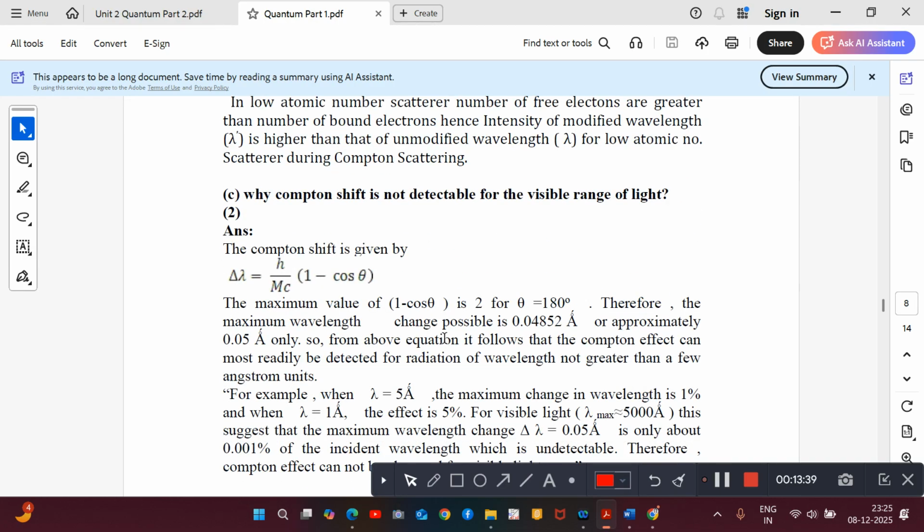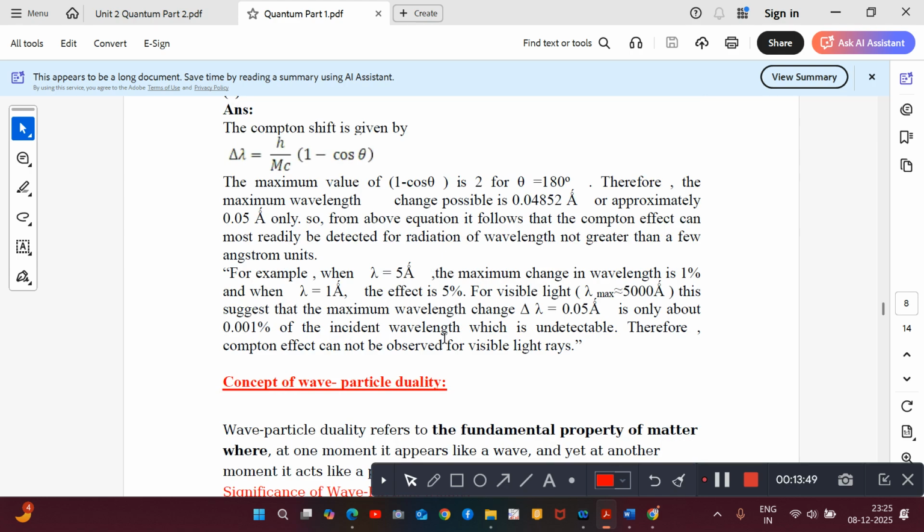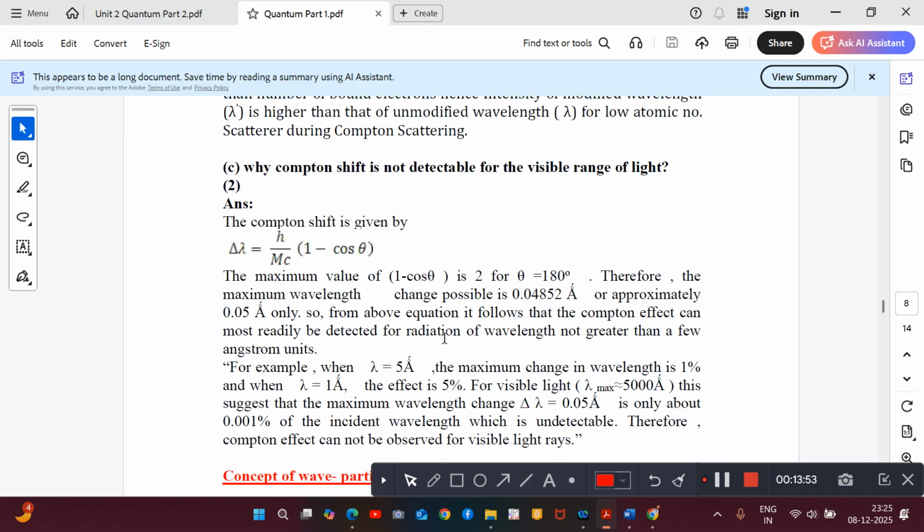Now, why is the Compton shift not detectable for the visible range of light? Basically, it is a limitation of the Compton effect, because it cannot be visualized in the case of the visible region, as the range of the wavelength is from 4000 to 7000 angstrom.